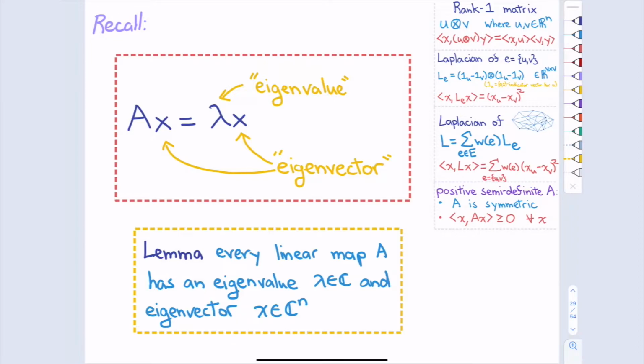We also showed that every linear map will always have a complex valued eigenvalue and complex valued eigenvector, although complex valued things often aren't so useful for us. For random walks, we could appeal to the Perron-Frobenius theorem, which asserts there's a real valued eigenvalue, which is unique, a very special case. And we're going to try to do something similar for symmetric matrices, where we can leverage the symmetry to get something stronger than just a complex valued eigenvalue.